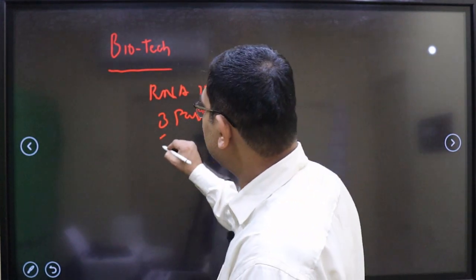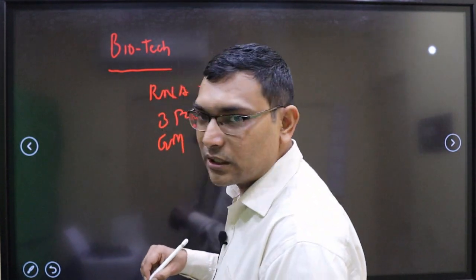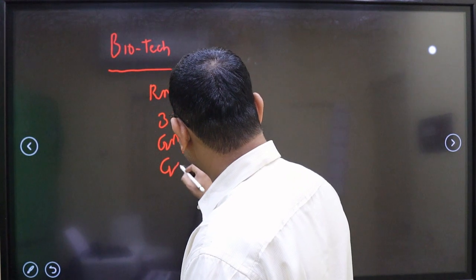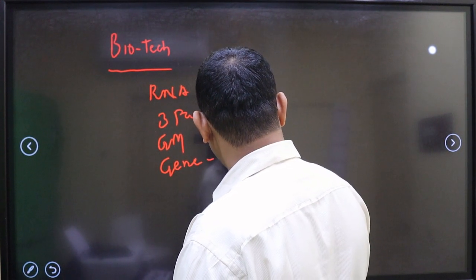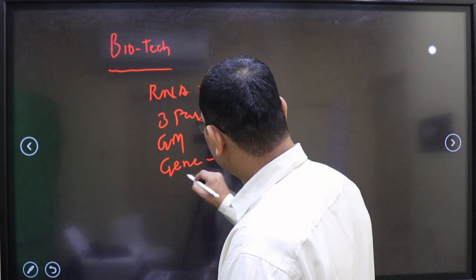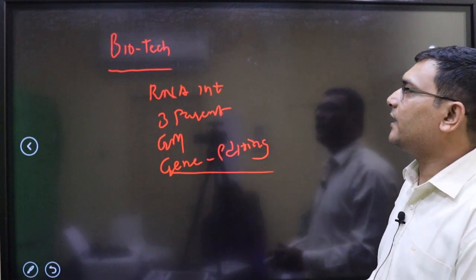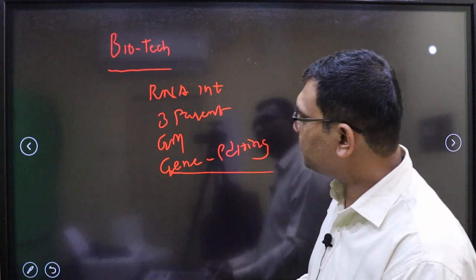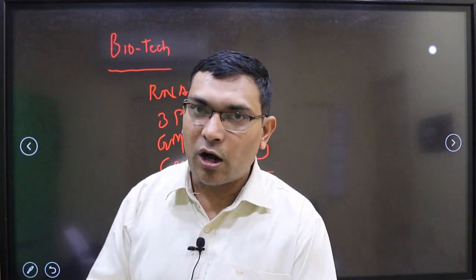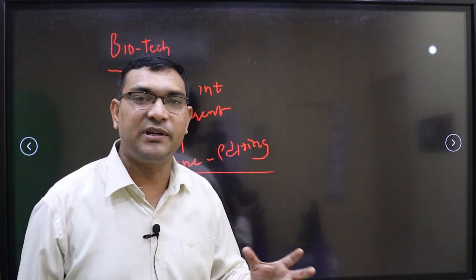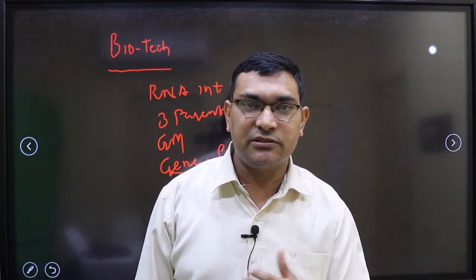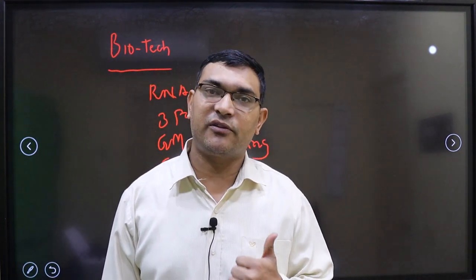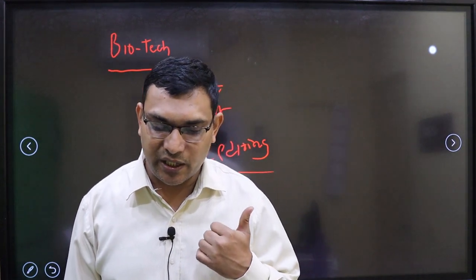There was a question on GM crops, on gene editing, CRISPR-Cas9. So RNA interference, three-parent baby, GM crops, gene editing, questions on all of them have been asked. So the basics of biotechnology as well as the current part of biotechnology play a very crucial role here.